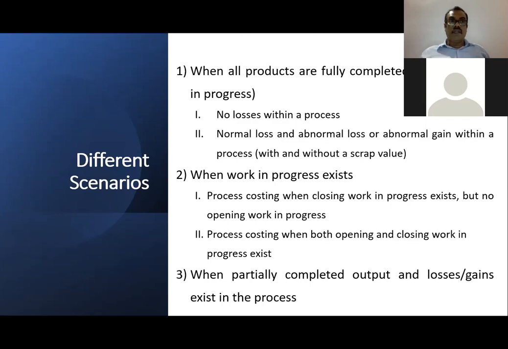Sometimes in garment factories, if the production is not according to the design or a small defect is there, they consider these things as abnormal losses and sell them in the open market or somewhere at a highly discounted price. How are we going to deal with this value?